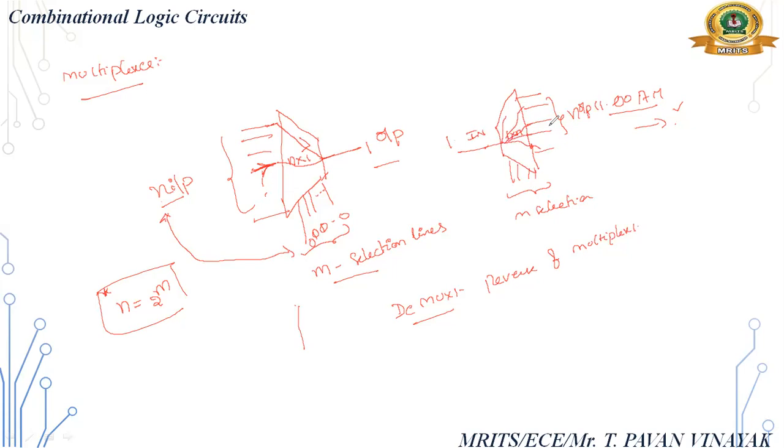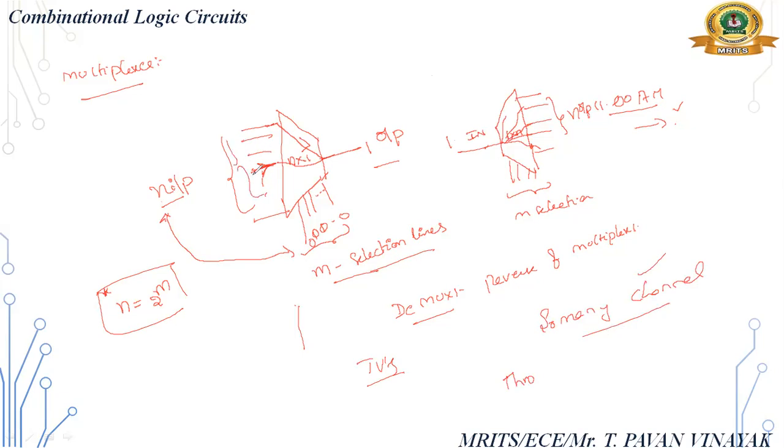Practically, these are used in TVs. In your TV, you have many channels, right? How do you select channels? Through the remote. Here, the remote is the selection line. Channels are inputs.